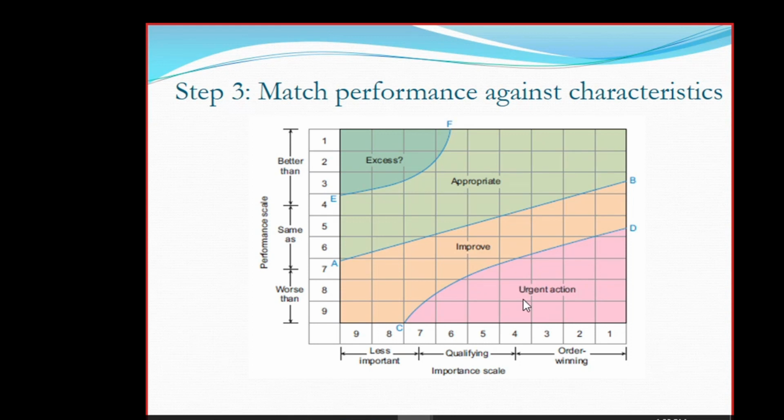The urgent action means all my competitors are much better than I in the things that are very important to my customers. So there should be an urgent action for me to improve the performance in this area.